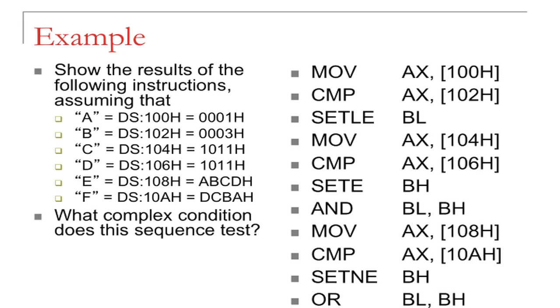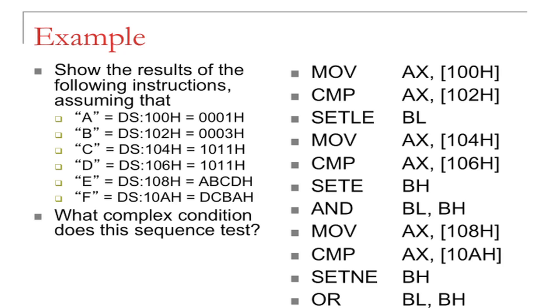So that's the first three instructions. The first three instructions will basically do this operation if we think about it as C high-level language code, trying to do this check and to set BL.